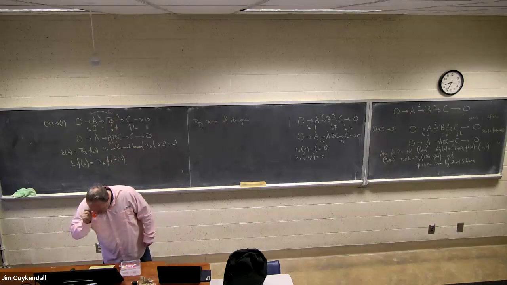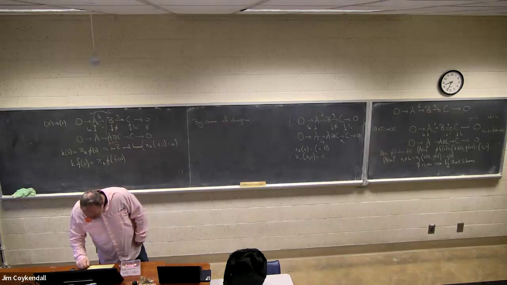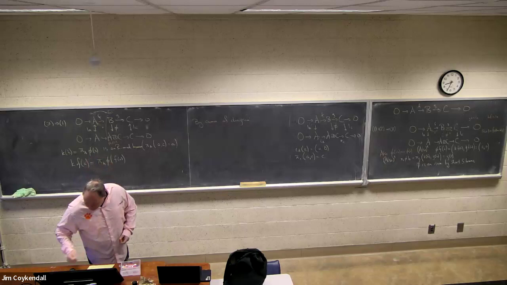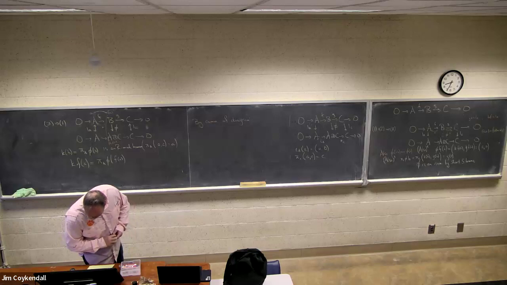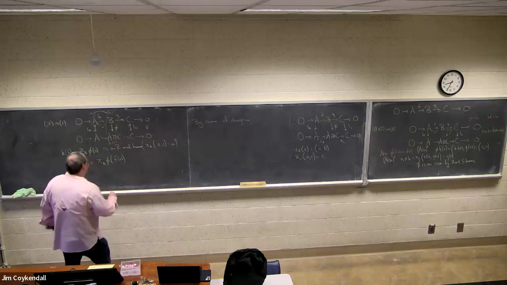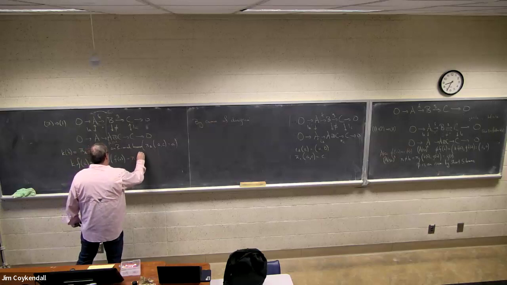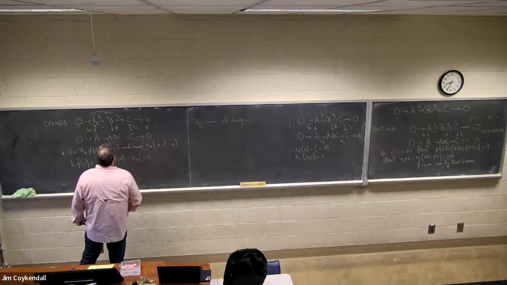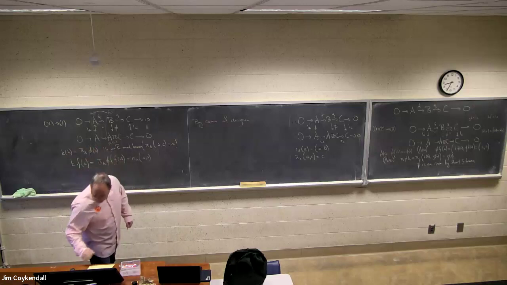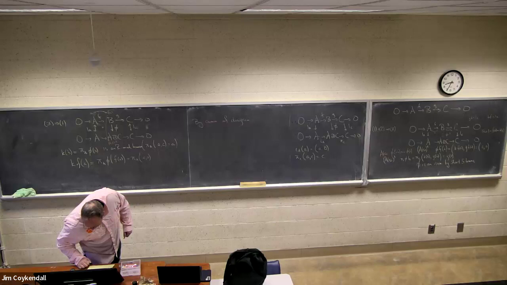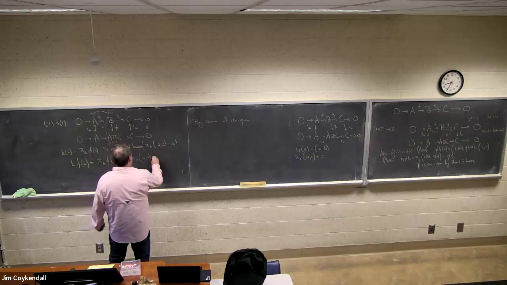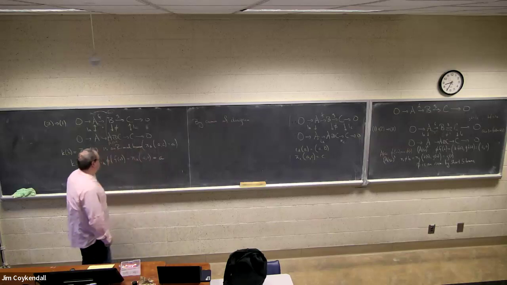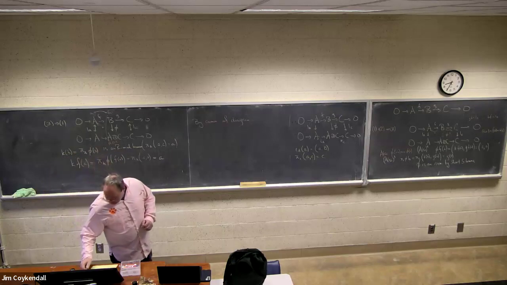And so if I have A and A, then this should be pi A, right, this should be pi A 0, which is 0.